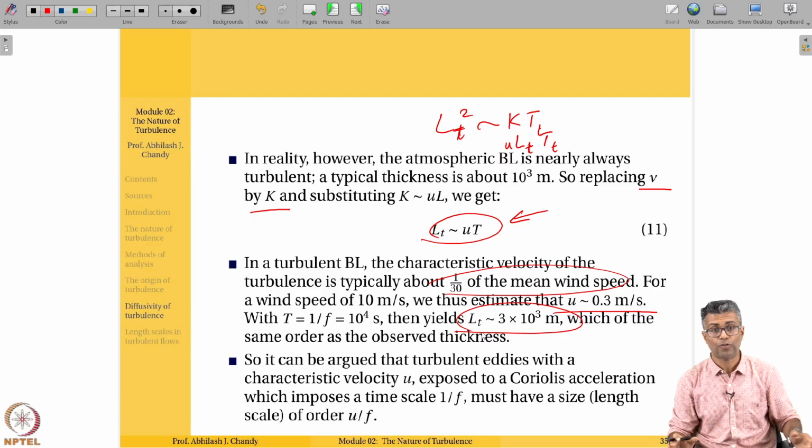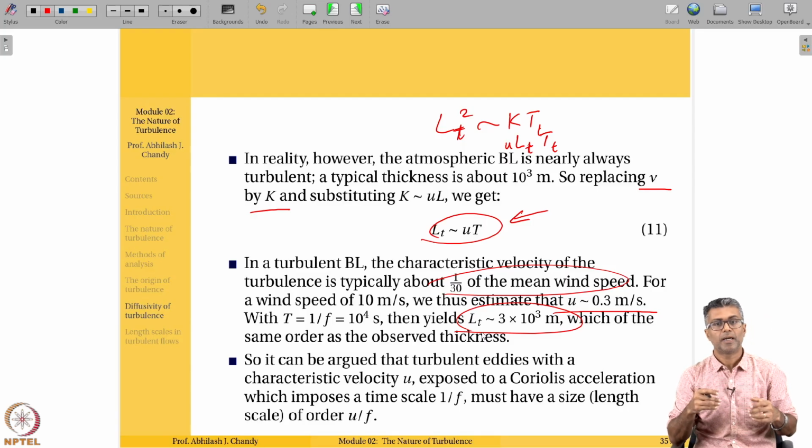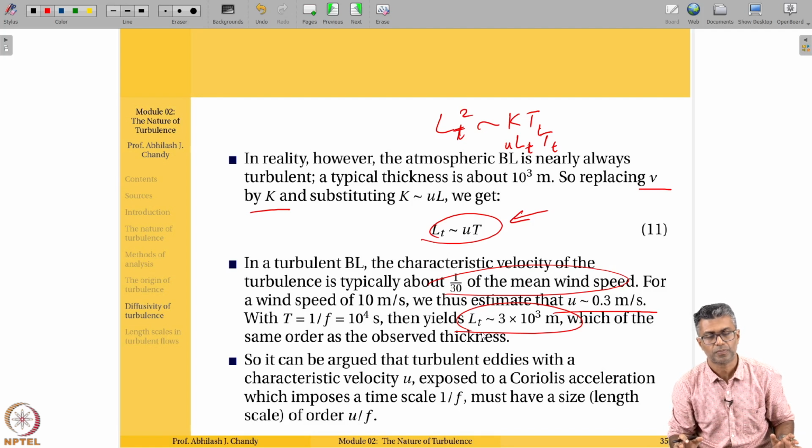So we are not off in terms of our estimates. We estimated that the wind speed is approximately 10 meters per second. Again, this is all just order of magnitude. So now we know that our estimates are correct. Our order of magnitude analysis is not far off.